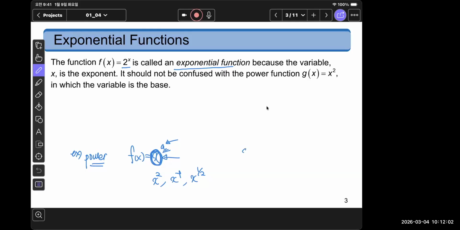And if your function is, say, x to the x, then this is not a power function and not an exponential function. We will consider that function at the end of the semester.